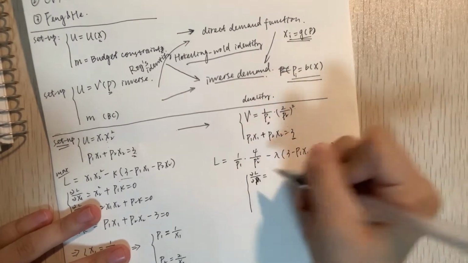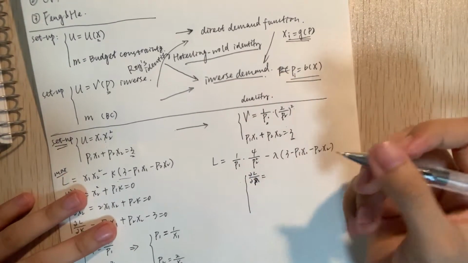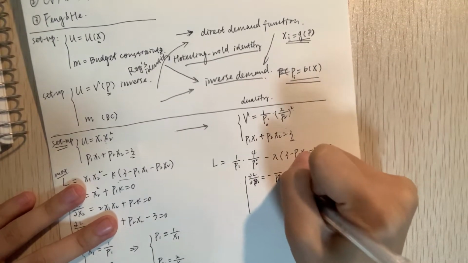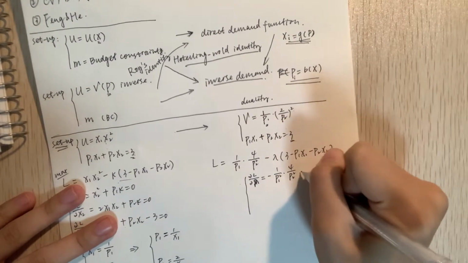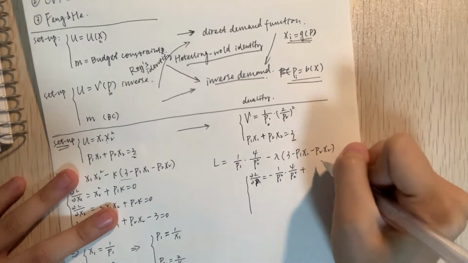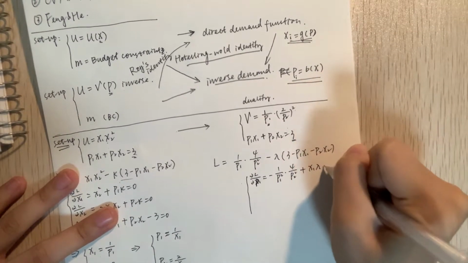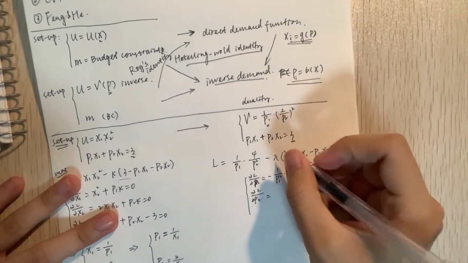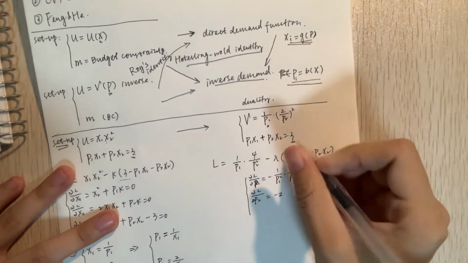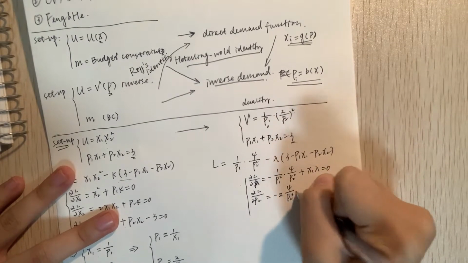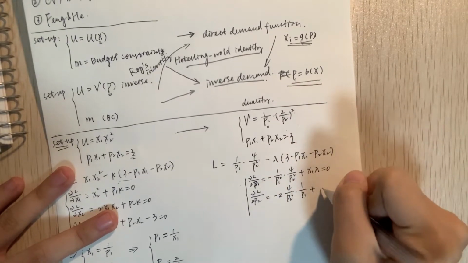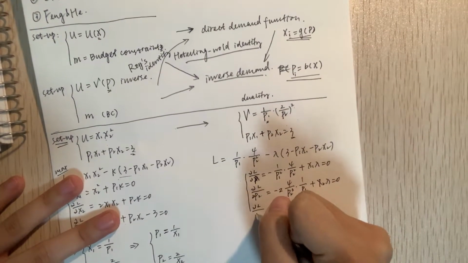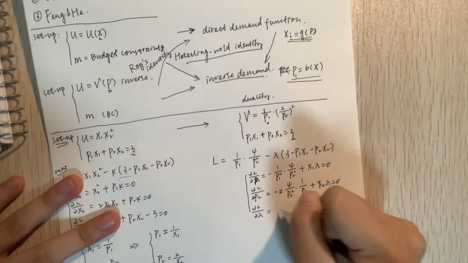Sorry, this is over P1, and then plus, this is basically the same thing, so lambda equals 0. The partial derivative against P2 gives us plus x2 lambda equals 0, and the partial derivative against lambda gives us the same thing as here.